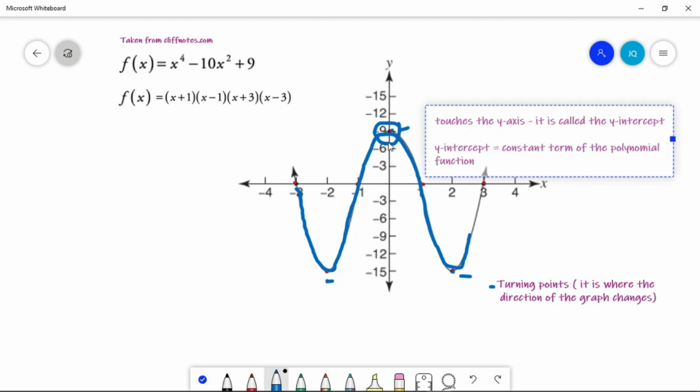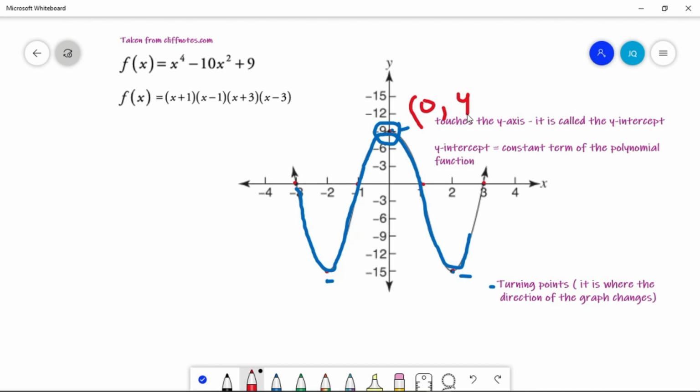Right? Here, the point lies at (0, 9). So if you try to recall the ordered pair, this point here has 0 as the value of x, and then the value of y is positive 9. Okay, so it is the constant term, if you try to look at it.